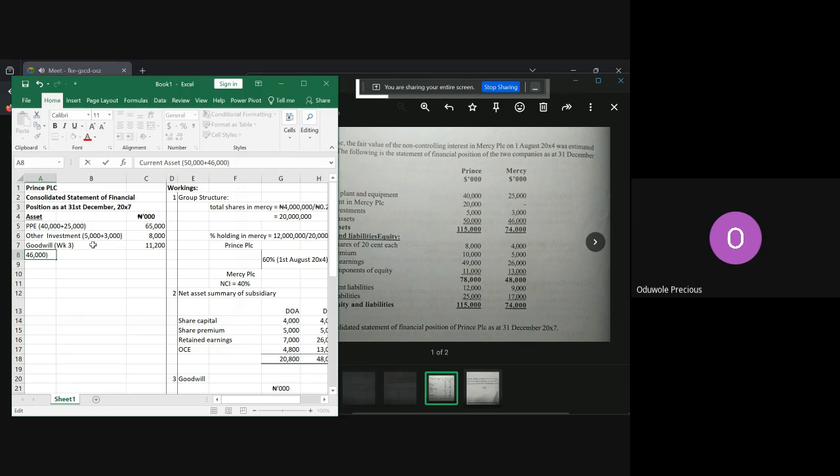So how much is that? 50 plus 46 is 96, right? 96.